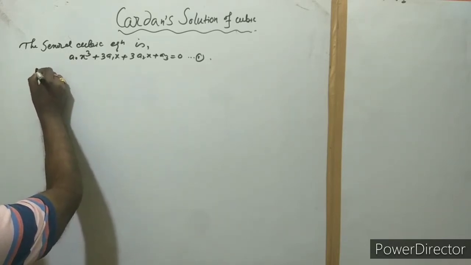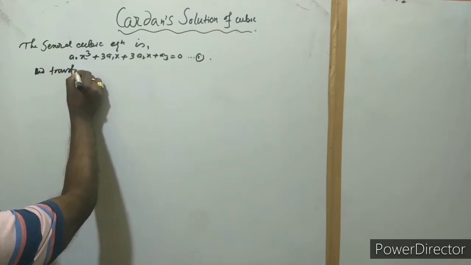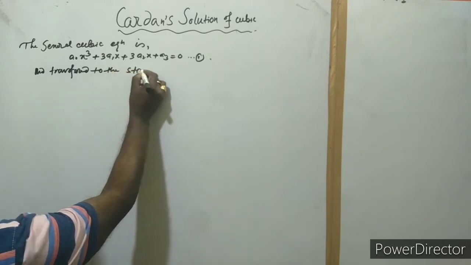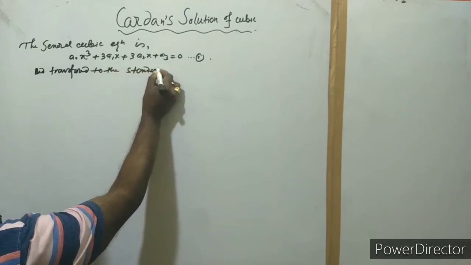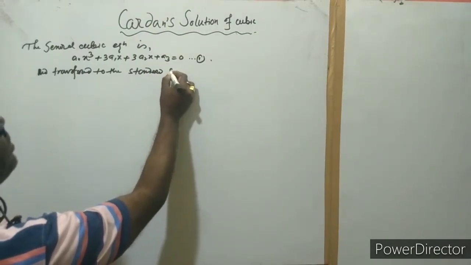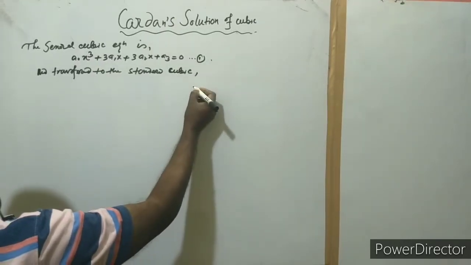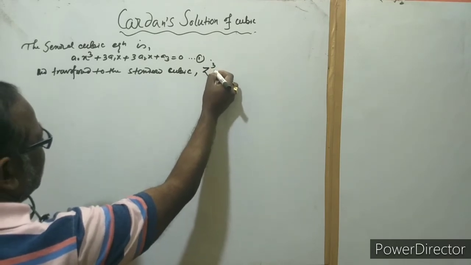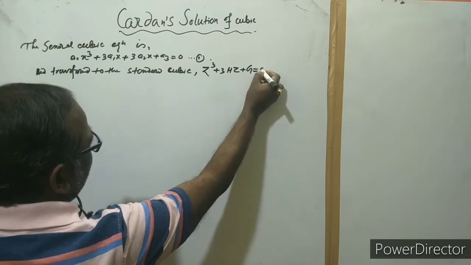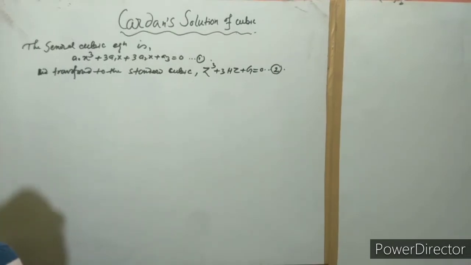Now transfer to the standard cubic, that is z cube plus 3h z plus g equal to 0. This is equation 2, called the standard cubic.